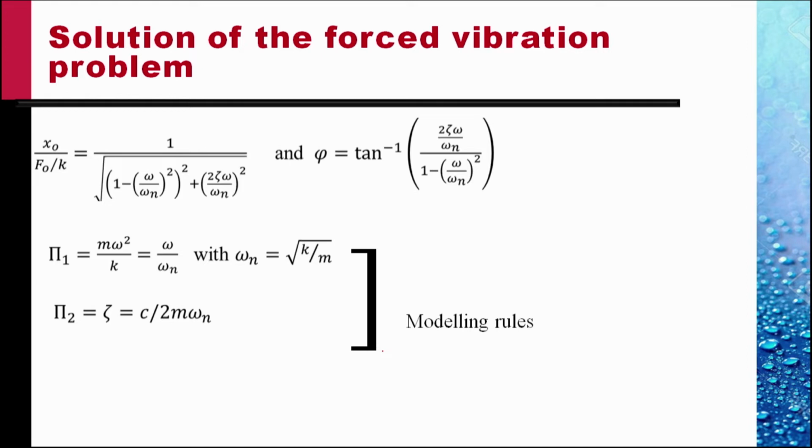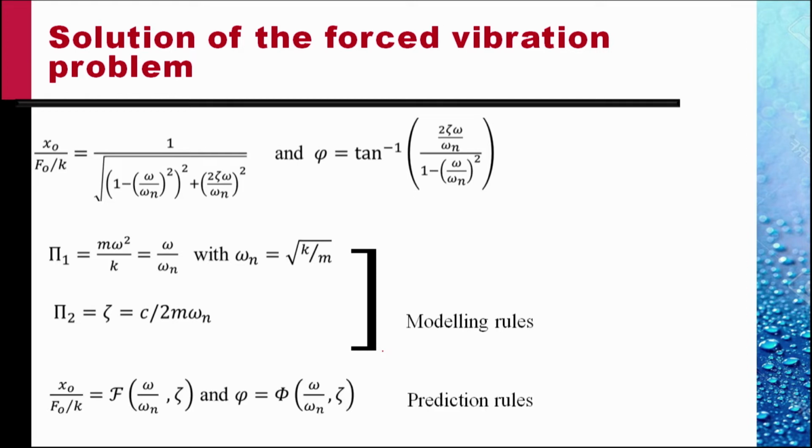The dependent parameter x naught divided by f naught by k is a function only of pi 1 and pi 2. So, if two systems have the same values of pi 1 and pi 2, then the value of x naught divided by f naught by k should be identical in the two cases, and that can be used as the prediction rule.